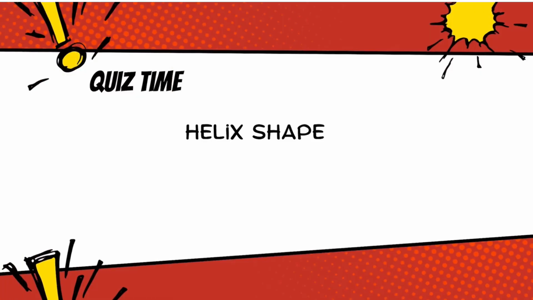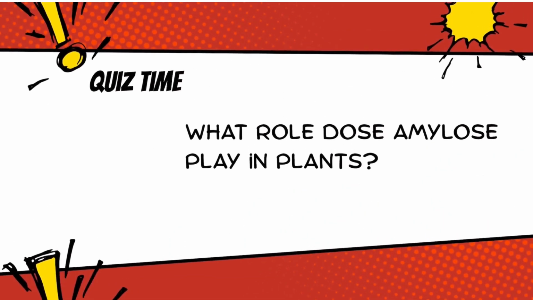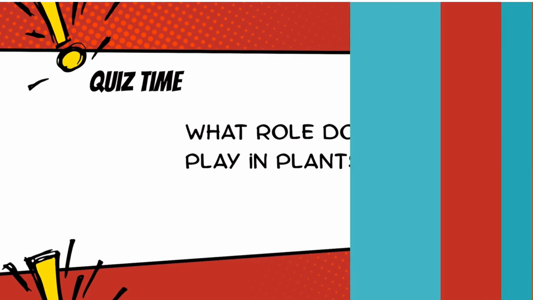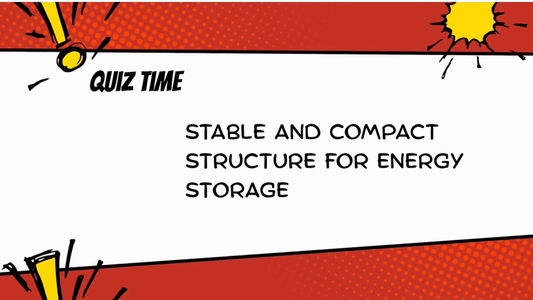If you answered helix shape, then you're correct. Then, the next question is, what role does amylose play in plants? If you answered something near to stable and compact structure for energy storage, then you're correct.